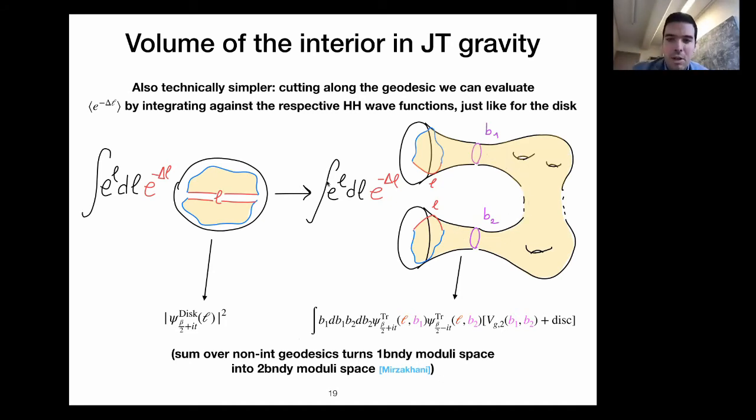So this is the actual structure that you get here, with the moduli space of these two boundary surfaces and no sum over the geodesics, but it's not trivial how it turns into this. You need to use the recursion relation.